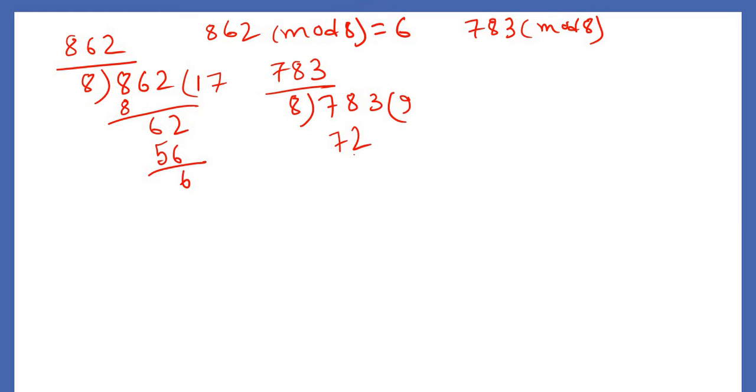So we use the quotient 9 here. 78 minus 72 is 6. So 63. Now 8 into 8, 64; 8 into 7, 56. Therefore the remainder is 7. So the value of 783 mod 8 is 7. Now let us find the next value.